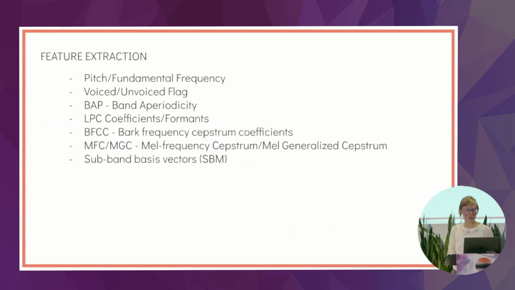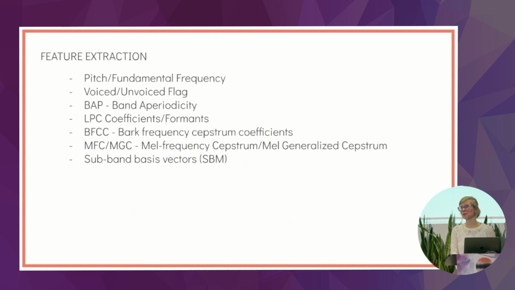Cool. So now that we've moved into HMMs, we move away from LPC coefficients. Statistical modeling tends to use MFCCs or MGCs, so mel frequency cepstrum coefficients. Sometimes it uses Bark frequency cepstrum coefficients. These are all different ways of modeling the spectral output of speech, but we're no longer modeling just a filter, right?